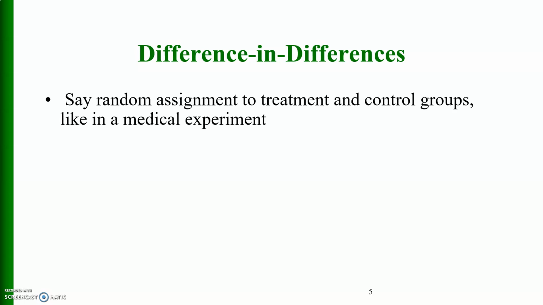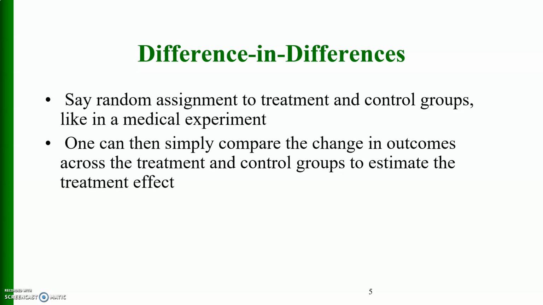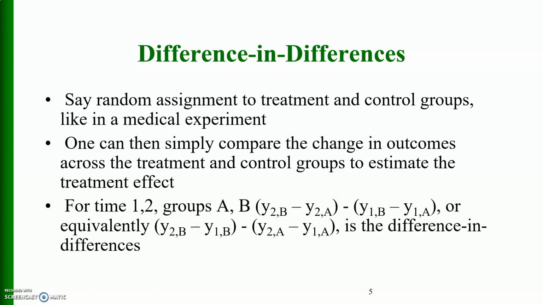Let us suppose we have a random assignment to treatment and control groups like in a medical experiment. One can then simply compare the change in outcomes across the treatment and control groups to estimate the treatment effect. Let us suppose there are two time groups, 1 and 2, and we have A-B groups.